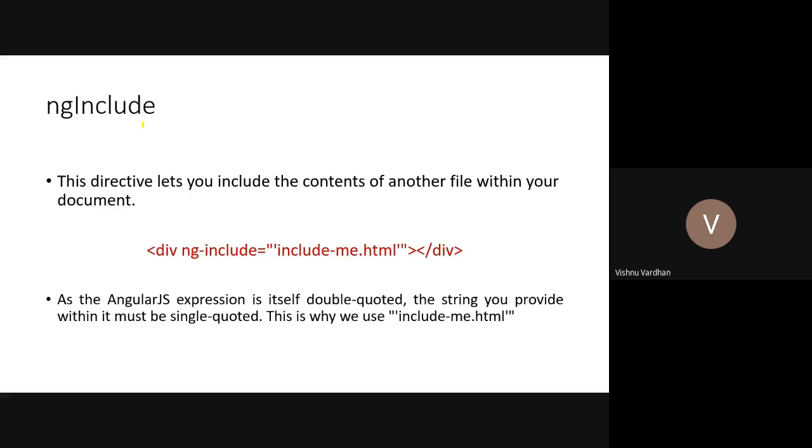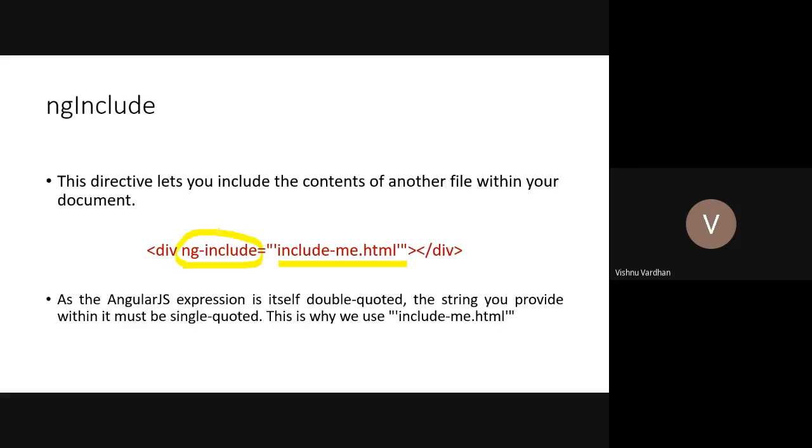And then ng include, if you want to include external contents into your file. So this is an external content, include me.html or some footer.html, some header.html or some menu.html. All these can be dynamically included if you take this ng include directive. So there is a division.